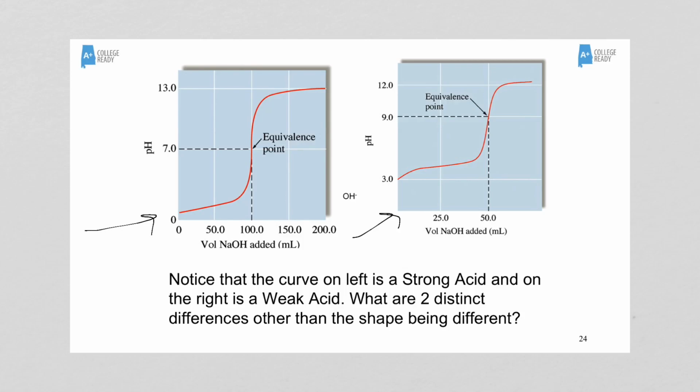Because if you notice the beginning of this strong acid, it has a gradual increase, it has a much larger equivalence region, and then this weak acid, it's going to have more of an increase, and then it just gently goes up, but its equivalence region is shorter. That's not really the shape. There are other important points of the curves that are very different, that you really need to know. So what are those?